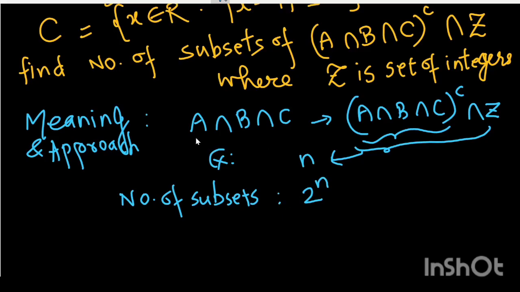So first we will find A, and then we'll find B, we will find C, and we will take their intersection. So this is the meaning and approach, or we can say hint of this problem. Right, guys? So let's now go for the solution.